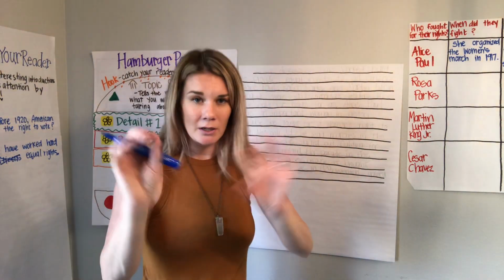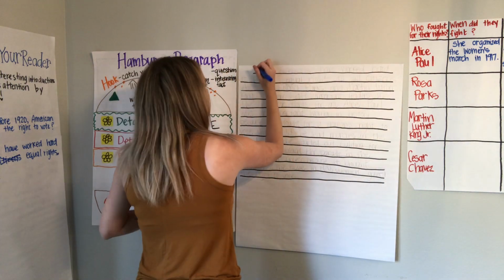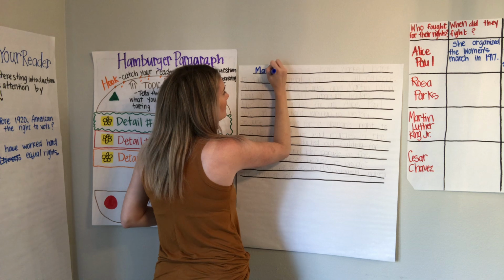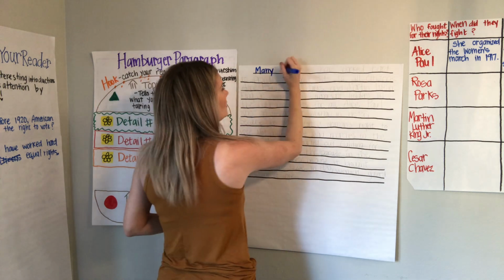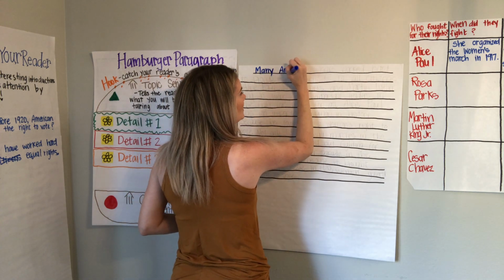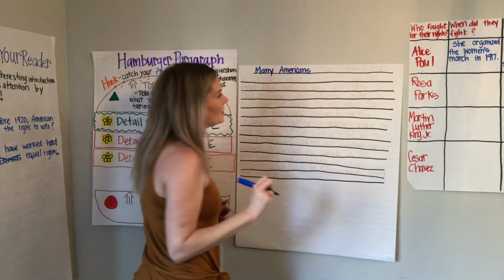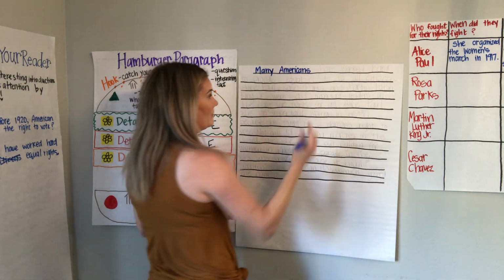You're going to move things around constantly. So I'm going to write, capitalizing my first letter, because it's the beginning of a sentence. I'm also capitalizing the word Americans because it is a proper noun. It's the name of a person from a country.